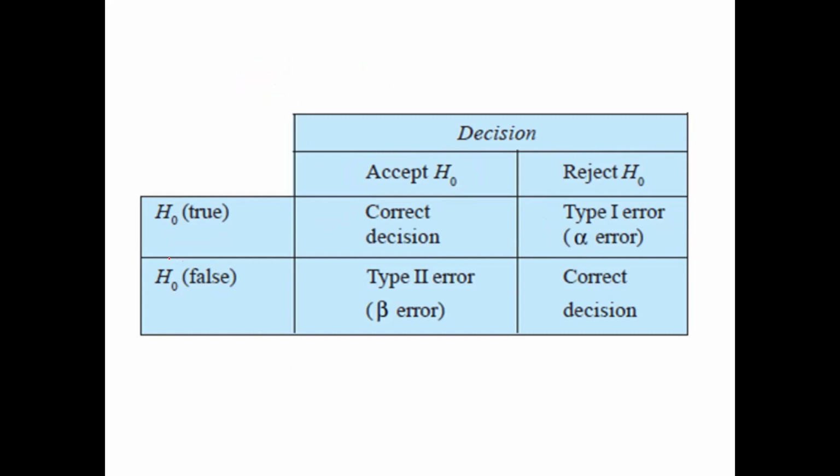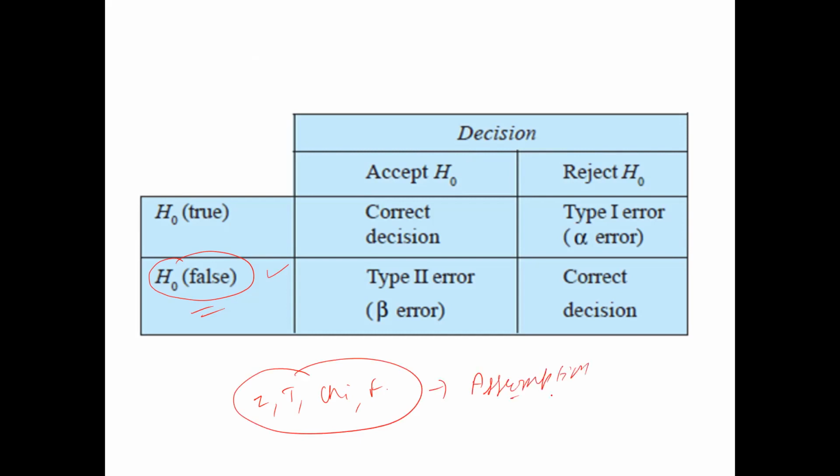Now again, if the null hypothesis is false, as per the different tests, Z test, T test, chi-square, ANOVA, F test, if as per these tests your assumption comes out to be false, but still you believe, still you accept your null hypothesis, then this is a type 2 error.